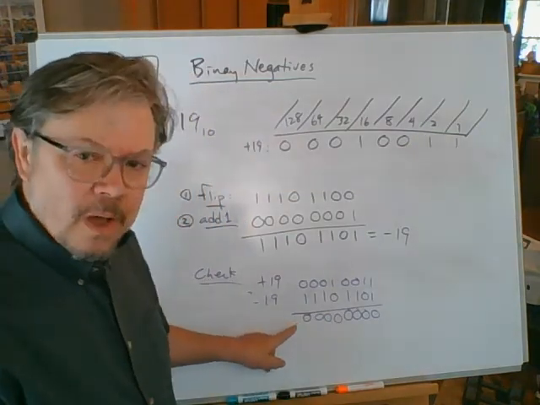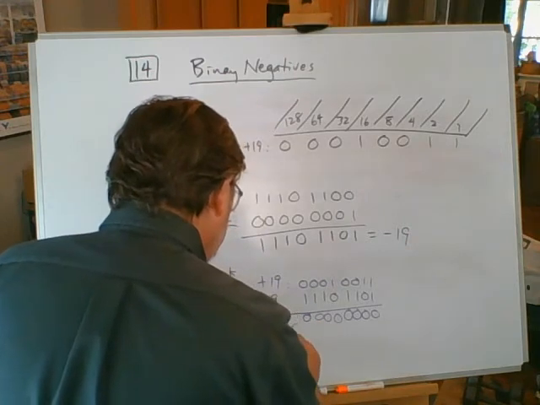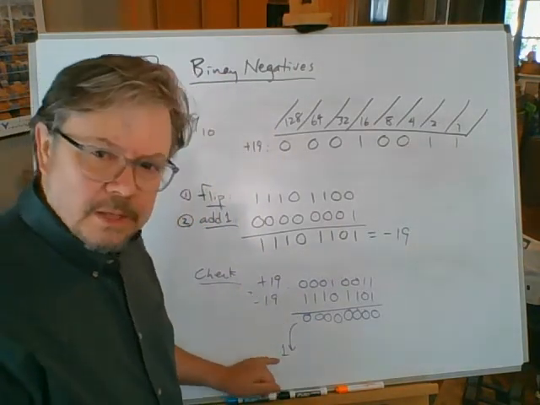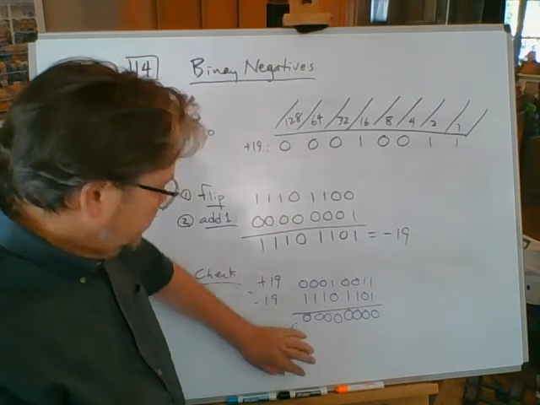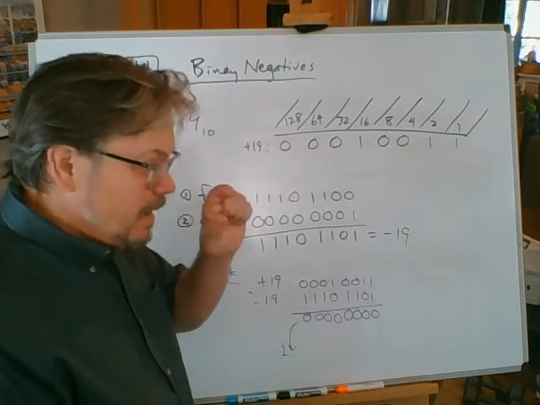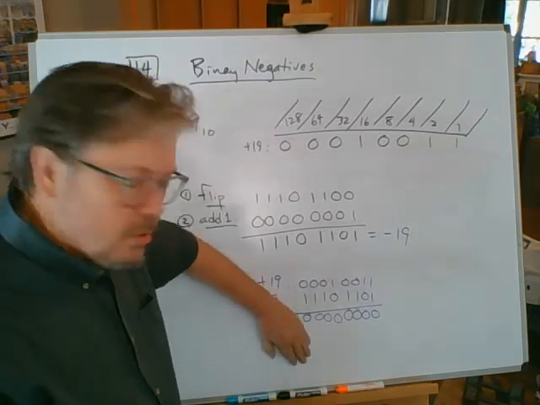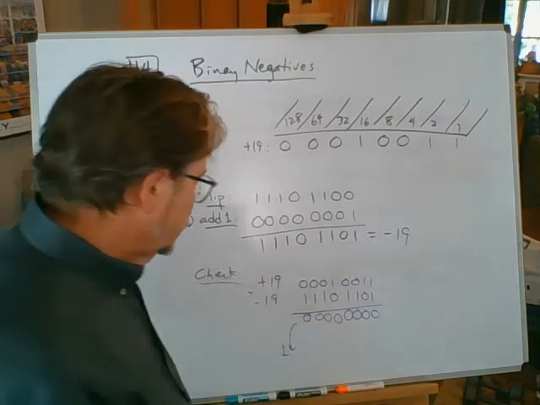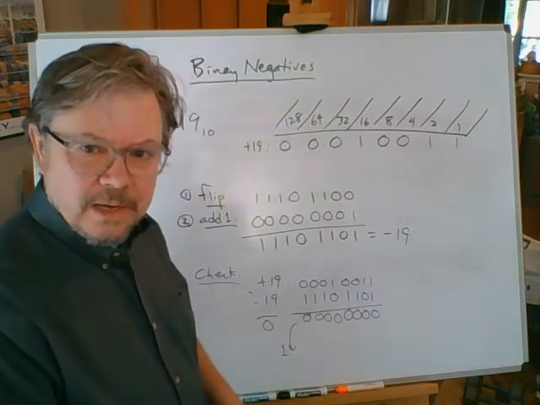But there's no column to carry it over to, so it falls off the edge. You and I can see it hurtling to its death down here in the abyss, but the computer can't see this one at all. We've generated a little case of an overflow. We've got a number that's too large to represent on the machine, but to the machine it looks like 0. So in fact, that is the representation of negative 19.